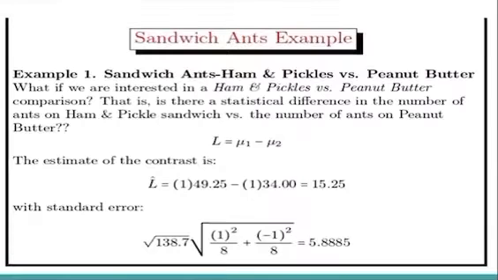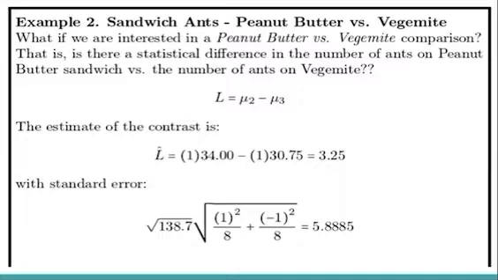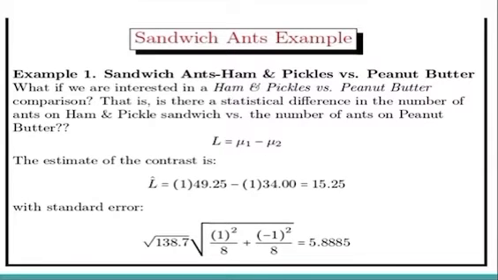That's what led to 5.885. Now, after having that, I'm going to tell you what to do next, but here I'm just showing you how to get the estimate of the contrast and its standard error when we are comparing the first group and the second group.